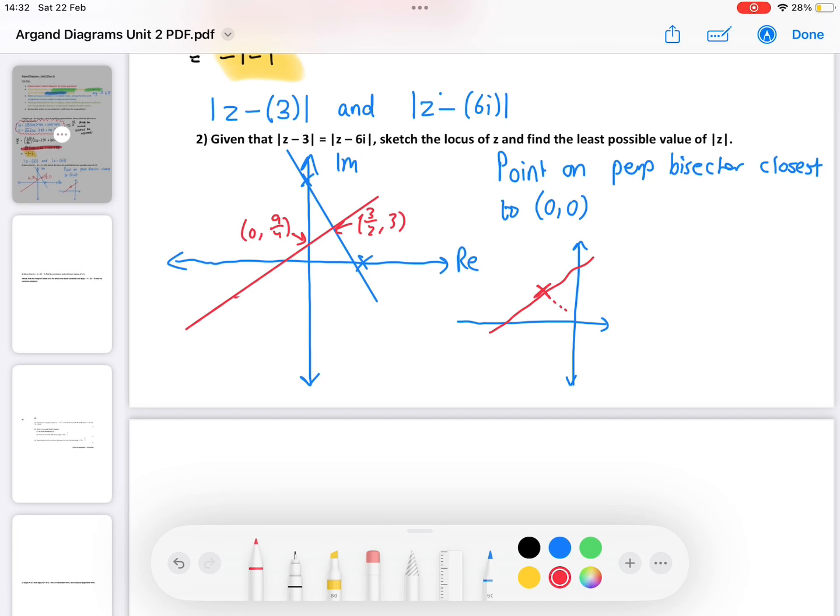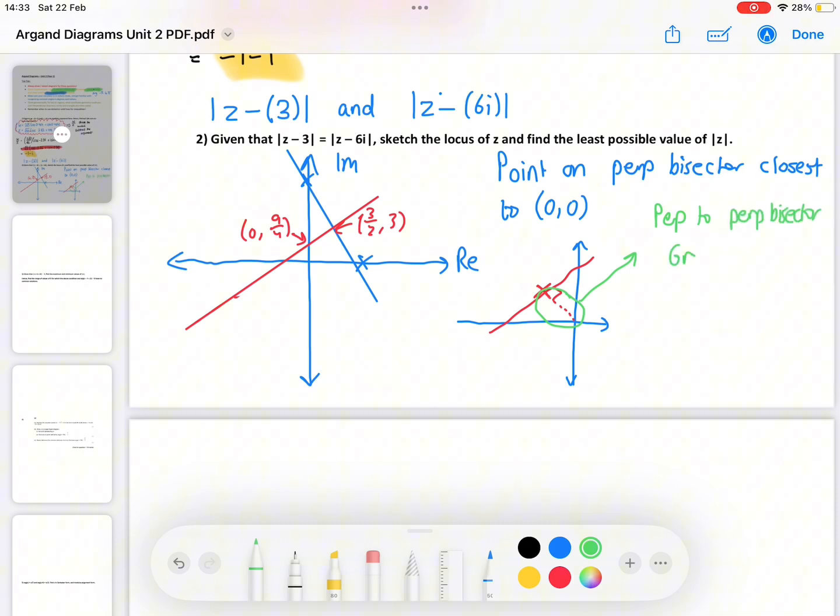Then this line here, that is a right angle. That is what we can ascertain about that. And we want to find the least possible value of modulus of z. So we know that this line here is going to be perpendicular to the perpendicular bisector.